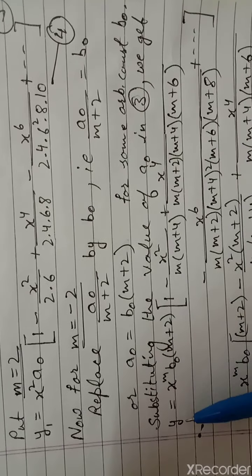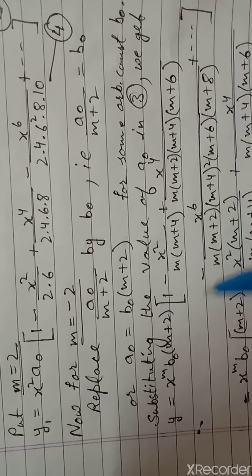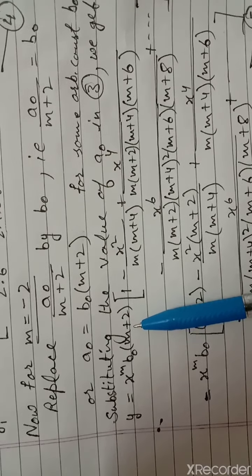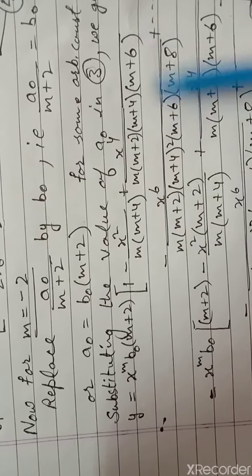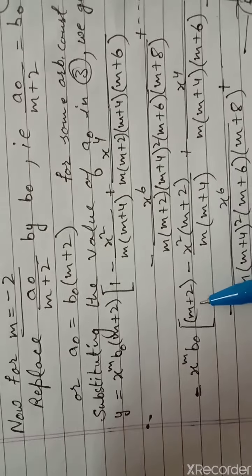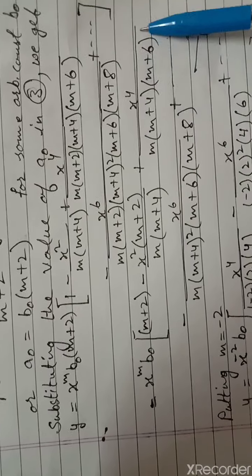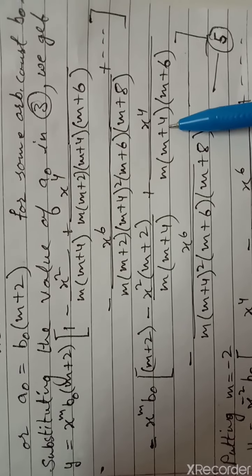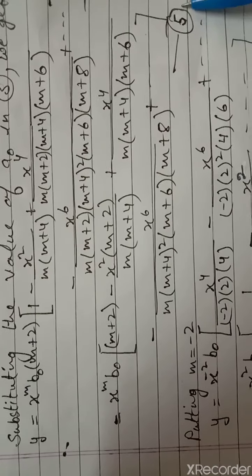So now we get y equal to this expansion, where in place of a naught I have written b naught into (m plus 2). Now multiply each term of this series by (m plus 2). The first and second terms have m plus 2 in the numerator, but in the rest of the terms, m plus 2 from the denominator and numerator cancel, and now we get equation number 5.